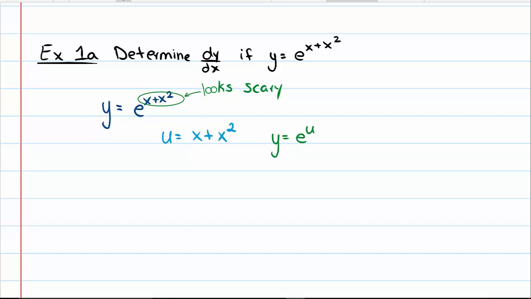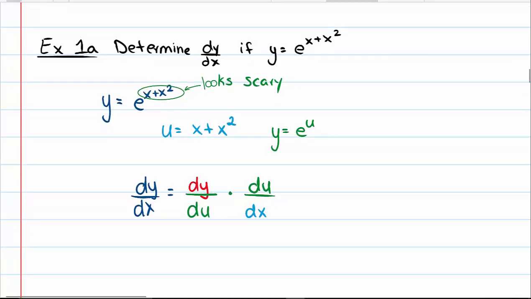Now remember when we learned the chain rule, we learned that dy/dx is equal to dy/du times du/dx. Okay, so if I want my answer to be dy/dx, I just need to find those two pieces and multiply them together.